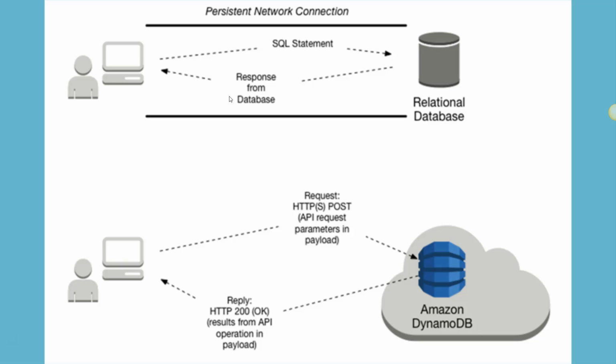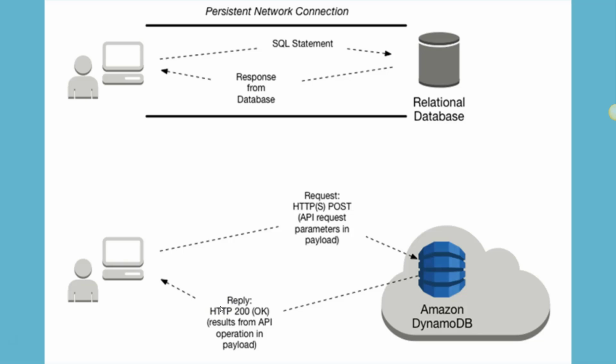Applications do not need to maintain a persistent network connection. Instead, interaction with DynamoDB occurs using HTTP requests and responses. Here you can see that this is the user. He will send an HTTP POST request which will go to AWS DynamoDB, and DynamoDB will return the HTTP reply to the user.